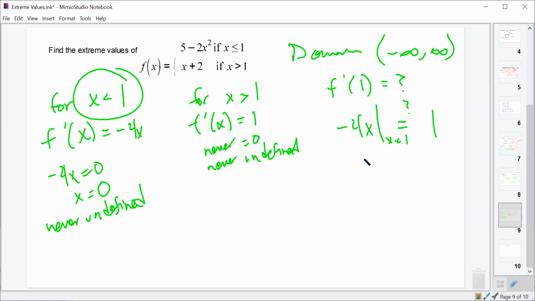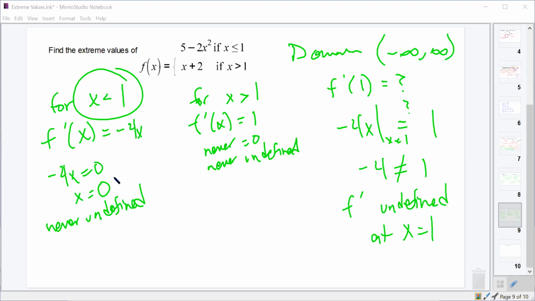No. So do I have a derivative that exists at x equals 1? No. So f prime is undefined at x equals 1.